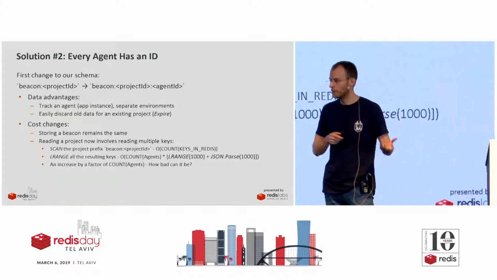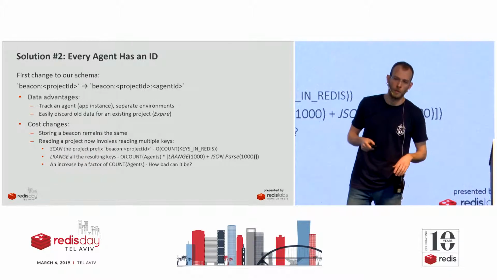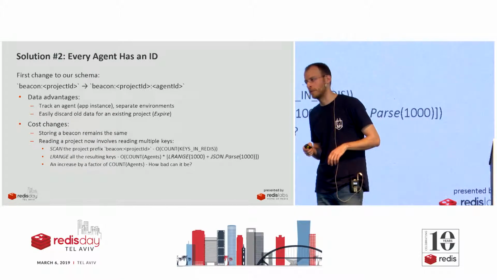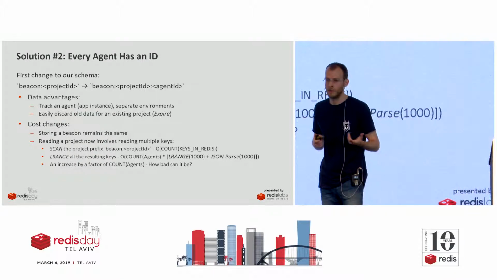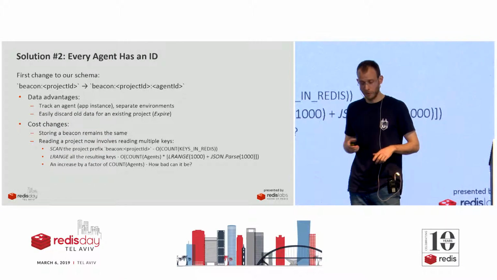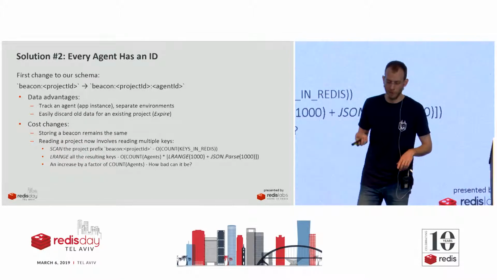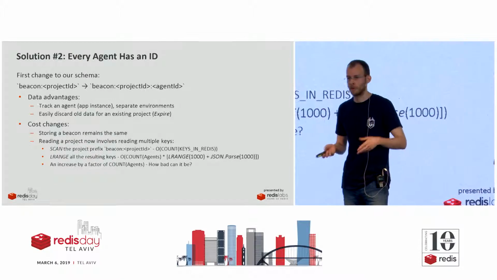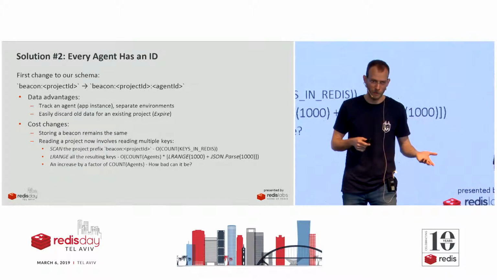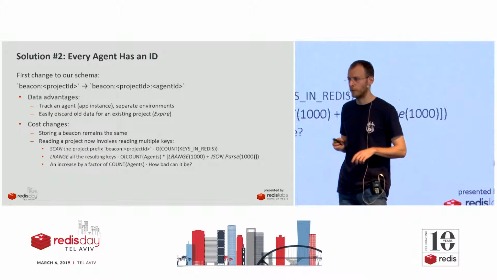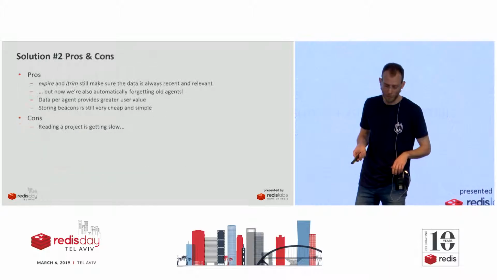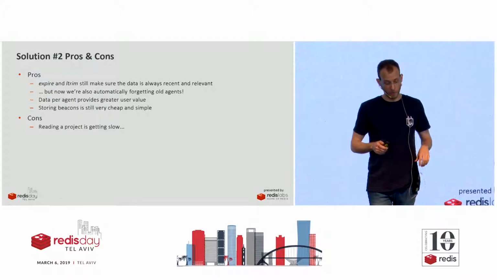Afterwards, when we had all these keys, we needed to extract all these objects from them, parse them back into JavaScript objects, and only then could we extract the data that we're interested in. So we're talking about an increase by a factor of the number of agents that report for an application, meaning if my application has 5 runtime instances, then now the cost for understanding what happens to that application is multiplied by 5. Let's discuss the pros and cons.